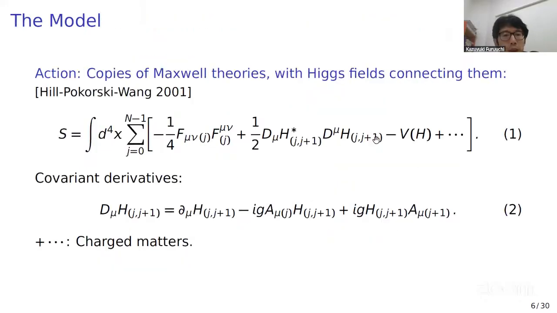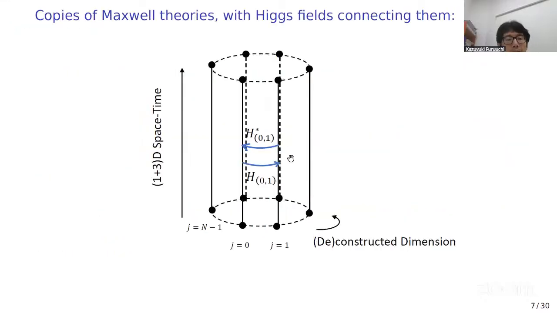So now I come to the model. The action is given by copies of the Maxwell action, which you are familiar with. Copies means that at each lattice point there's a Maxwell theory, with copies from j equals 0 to j equals N minus 1. Pictorially it's like this: a latticized extra dimension, and the Higgs field connects neighboring sites.